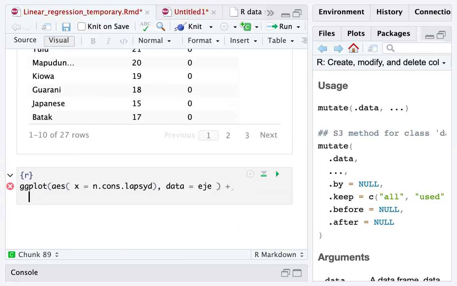And then on the y-axis we need to put whether there are adjectives or not.